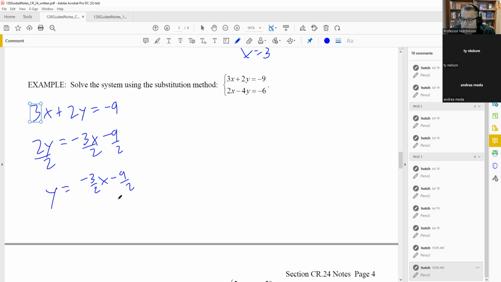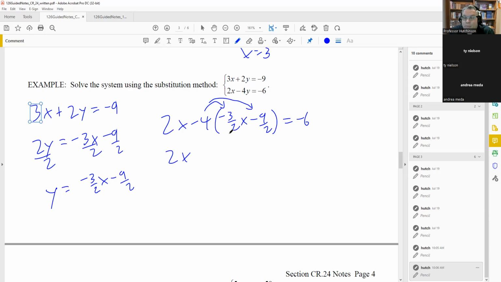But now that I have this, I'm still going to stick this into the second equation. So I have 2x minus 4 times (-3/2 x minus 9/2) equals -6. So I need to multiply all this. So I'm multiplying both of these by -4. So it's a little trickier.